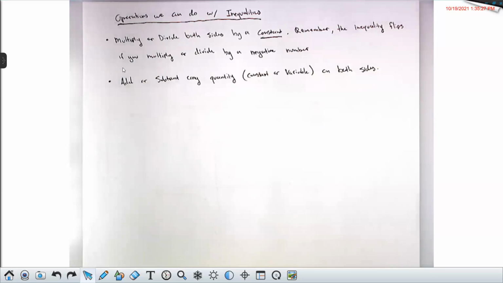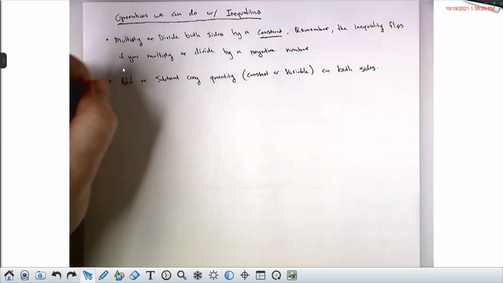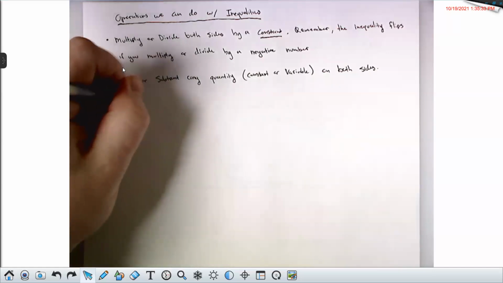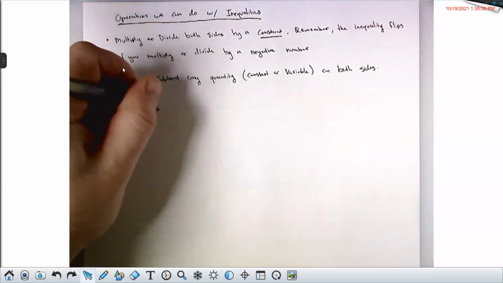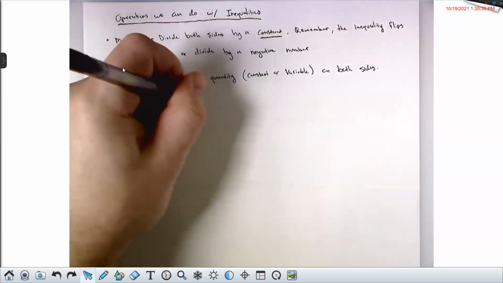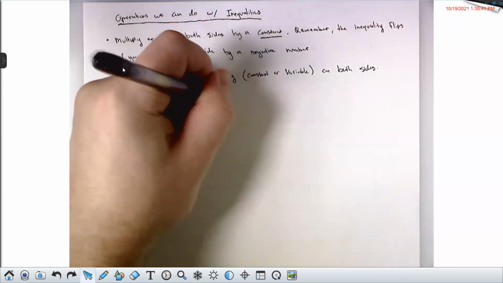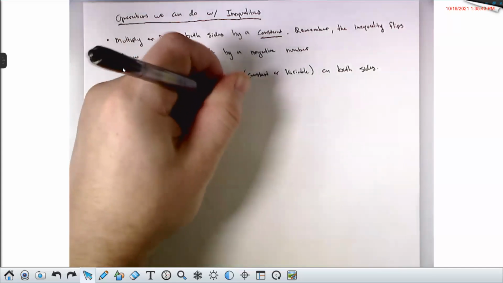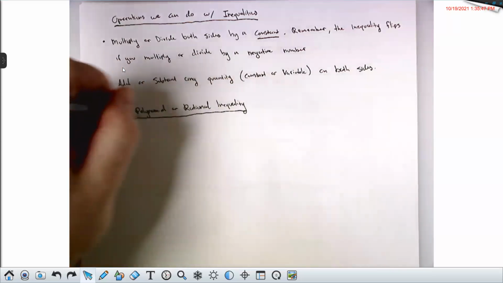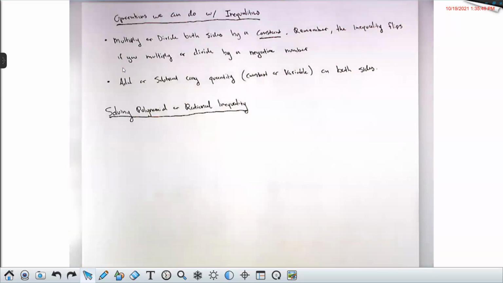The procedure then for solving a polynomial or rational inequality: when we solve polynomial and especially rational equations, we're often tempted to do some stuff outside of this list. So we need to be very careful.